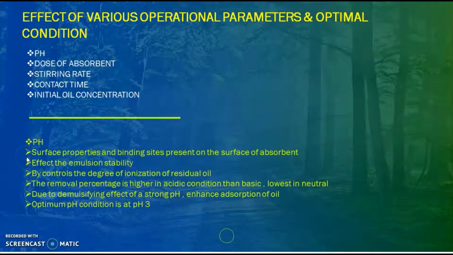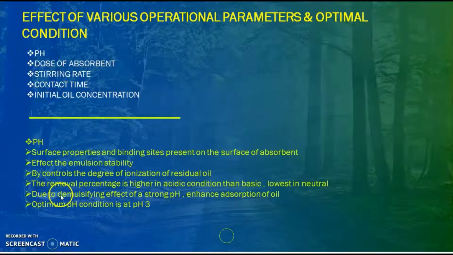So firstly, for the effect of pH, the adsorption of residual oil by zeolite is significantly affected by the pH because of the surface properties and binding sites present on the surface of adsorbent. The pH also affects the emulsion stability by controlling the degree of ionization of residual oil.